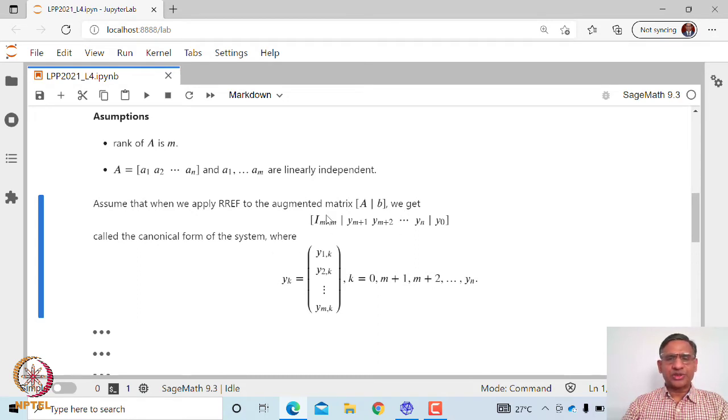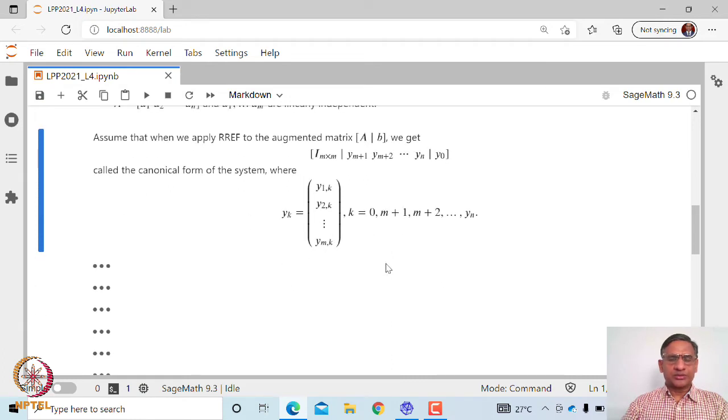This matrix, which we have obtained after applying RREF to the augmented matrix, we call the canonical form of this system. The first m columns become the identity matrix, the remaining we denote by y(m+1) to yn, and the last one is y0.